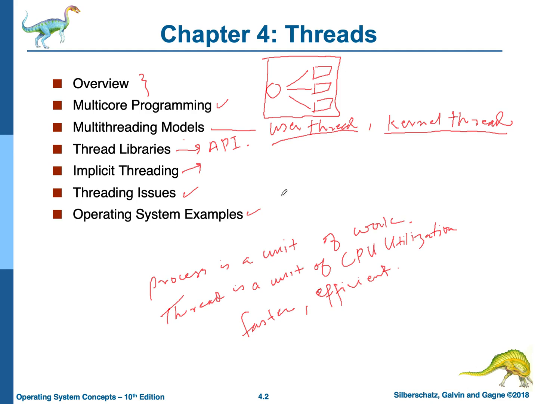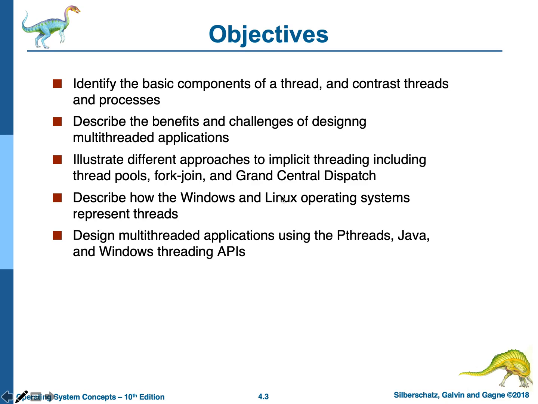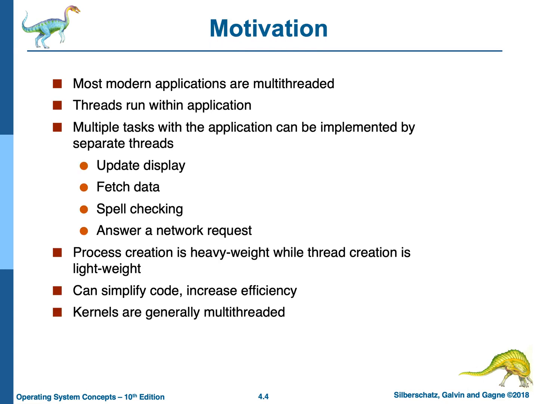So this is the course overview, and the objective of the course and the motivation. Most modern operating systems implement the multi-threading concepts. Multi-threading is implemented because we now currently have more than one core in a system.